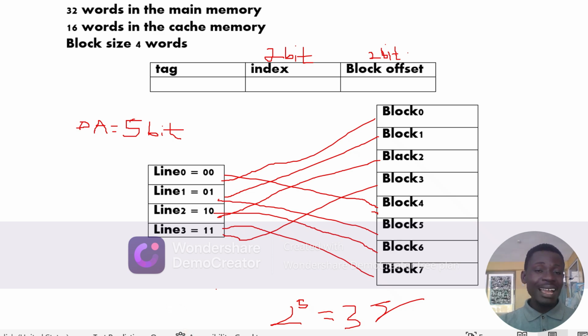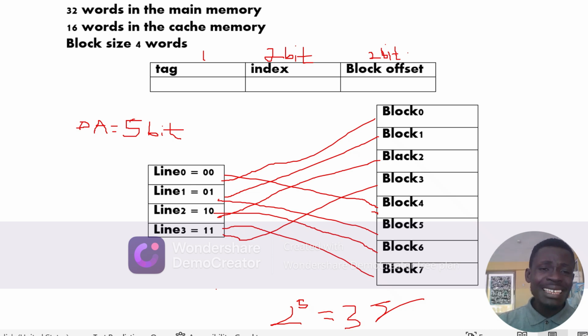So the tag will need only 1 bit to differentiate which block is being found in a line. Each line here contains 2 blocks.